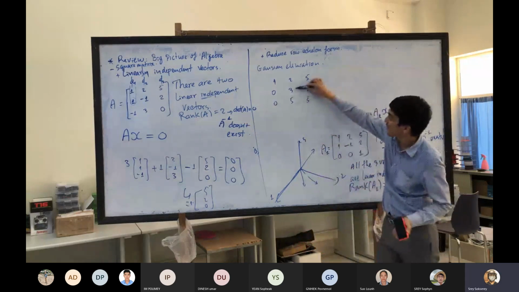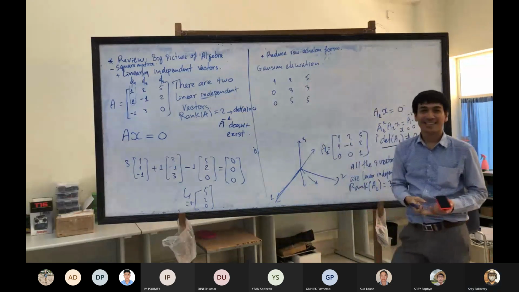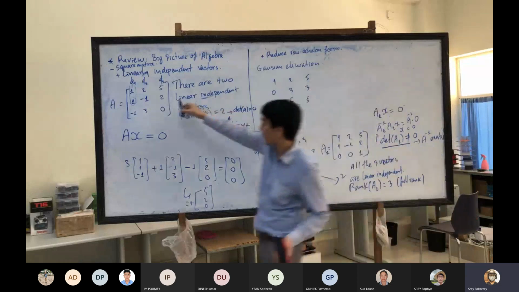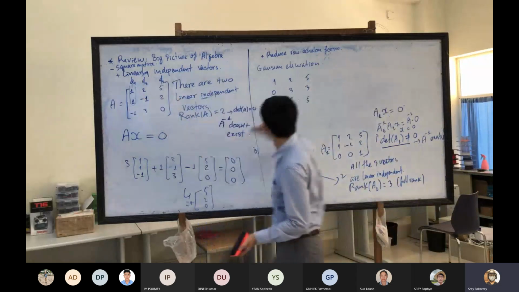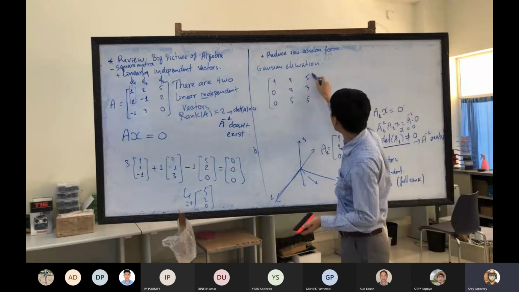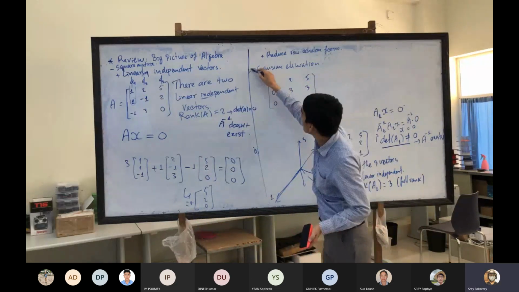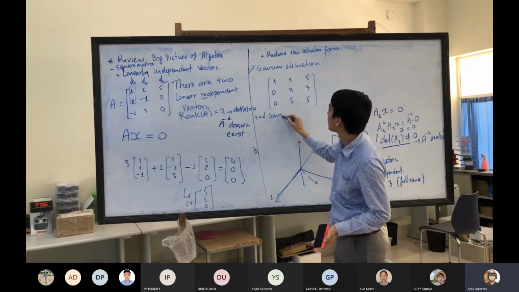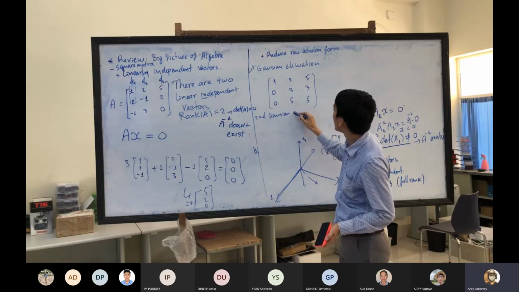Aha. The second row is dependent. I already told you before that if rows are dependent, columns are also dependent. So you eliminate again this first, then second, Gaussian elimination.